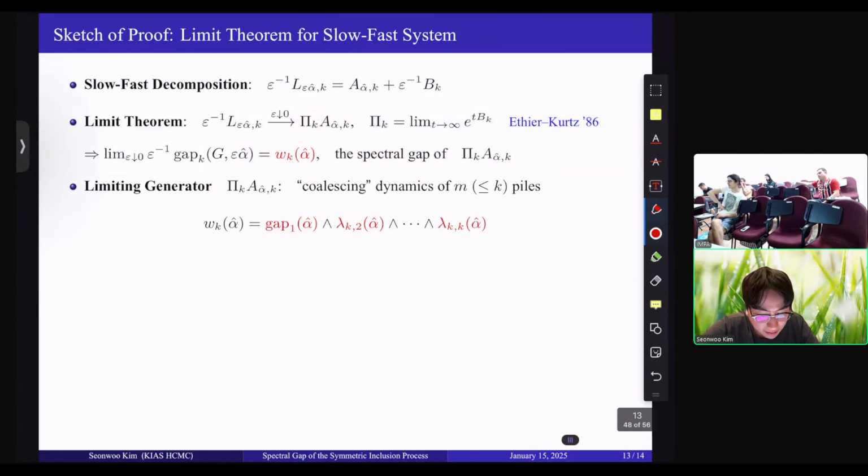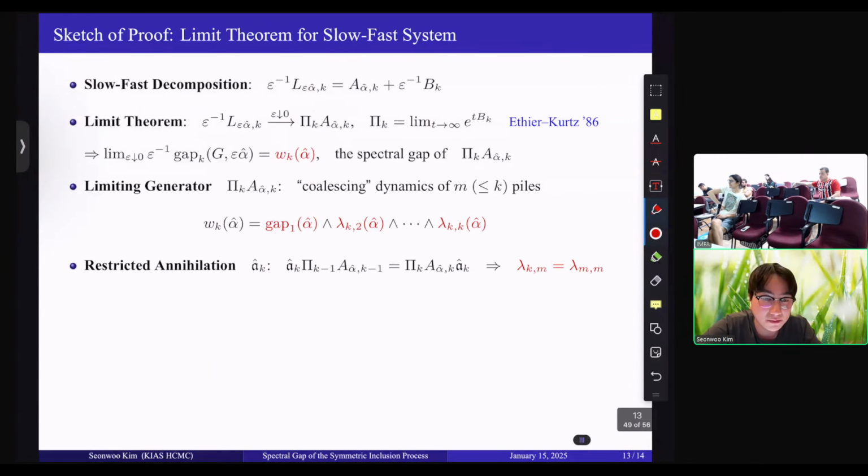This spectral gap of this coalescing dynamics can be decomposed as the gap of the random walk, and then the smallest transient eigenvalue of each component. And from there on, we had many calculations. We defined some restricted annihilation operator, and proved that this λ_{k,m} is always at least the value of λ_{m,m}, which is the case when k is m.